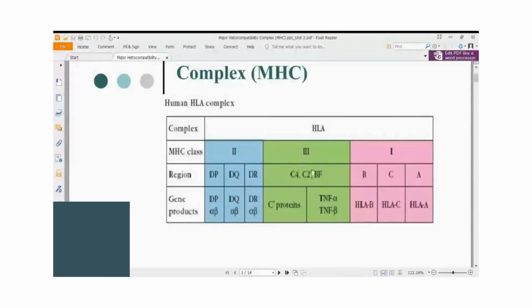Then class 3 is made up of C4, C2, and BF. BF stands for the tumor necrosis factor. C4 and C2 belong to the complements, C4 complement and C2 complement. They are produced from the gene cluster in the HLA complex that belongs to class 3.